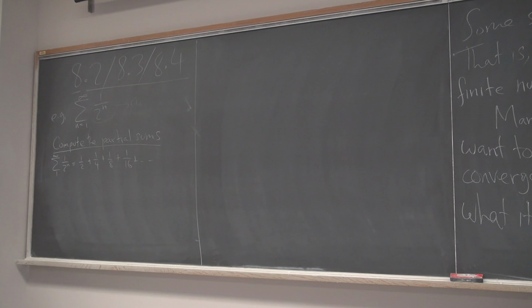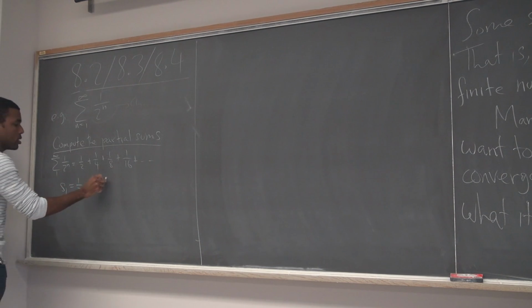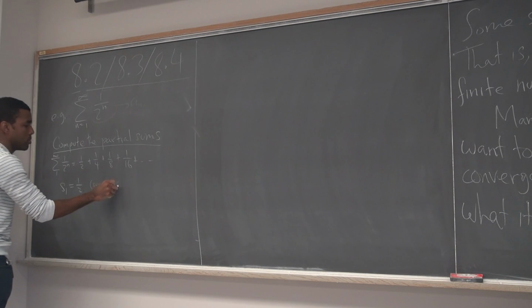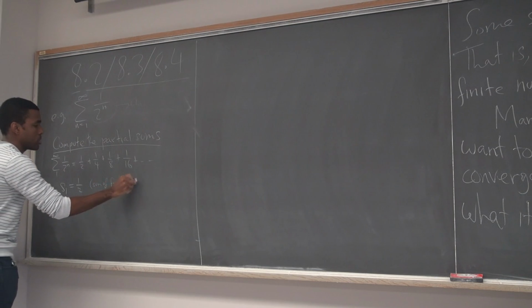The partial sums just mean I'm summing up a finite number of sequence terms, the first n terms. So for example, S1 is what? It's just a half. This means the sum of the first term, which sounds kind of weird, but that's true.